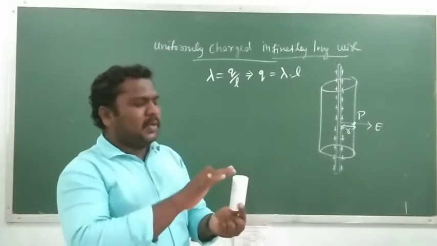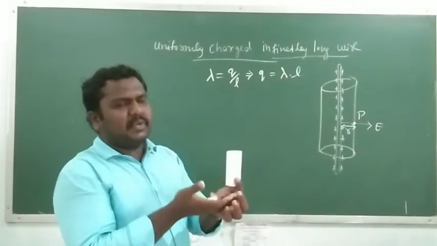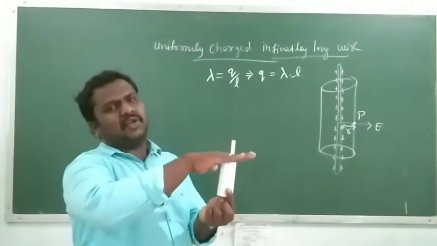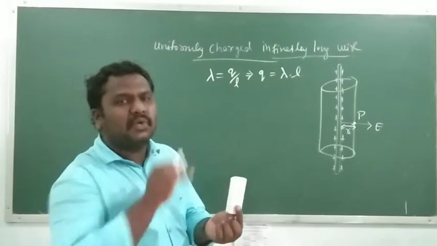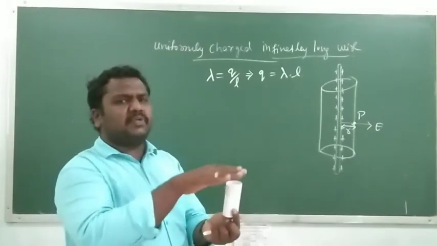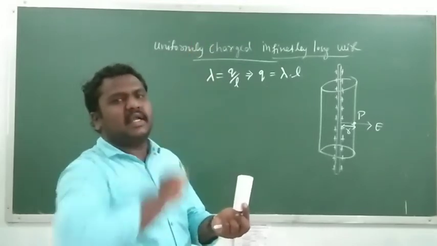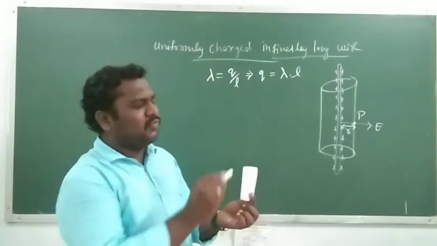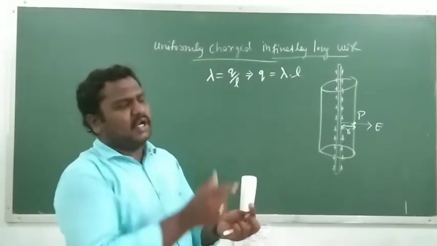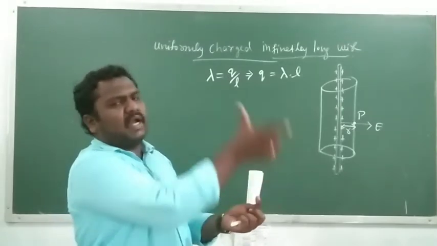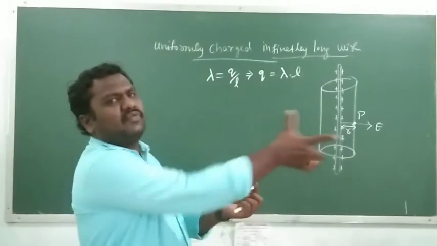With respect to the top surface as well as the bottom surface, the area vector and the electric field are perpendicular to each other. This is the top surface. The area vector will be normal, that means it is acting vertically upwards, and the electric field is in the forward direction.